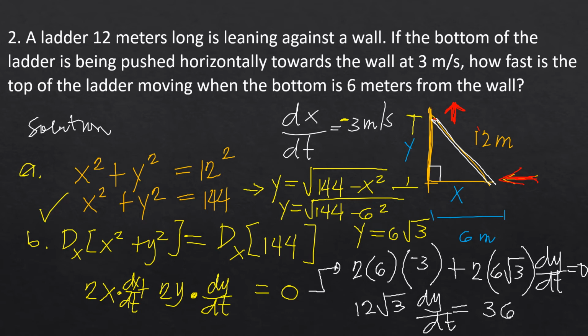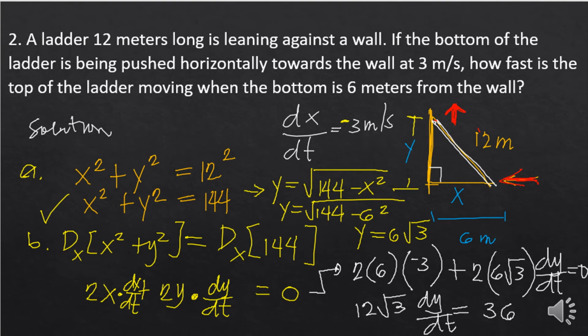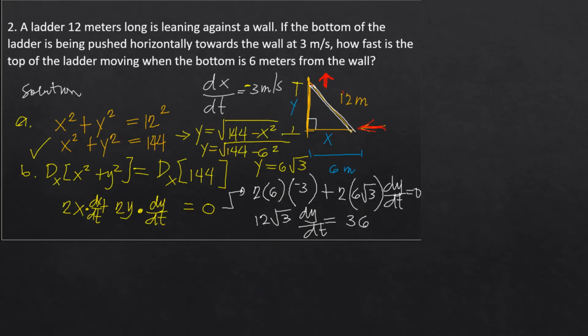Okay, so following the correct notation, this must be t, because you're getting the derivative with respect to time. Okay, so we need to follow the notation. Therefore, we will now have dy over dt is equal to 36 over 12 square root of 3.